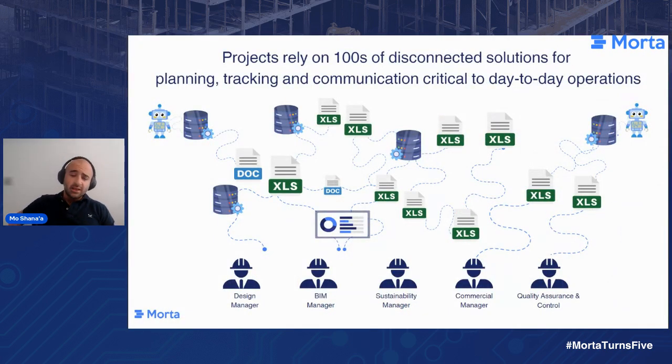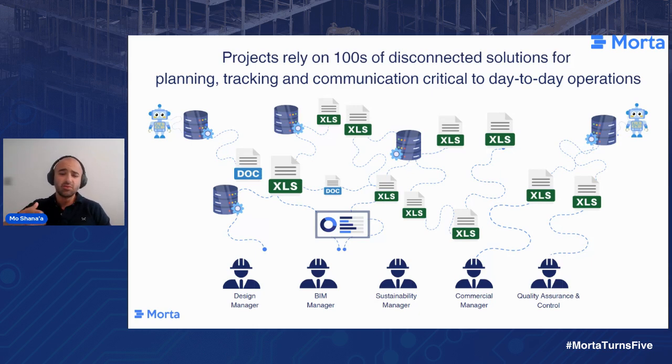So, as all of you know, really the way we see it is many of the processes we have today are planned, tracked, and communicated on Excel and in Word documents, which are ultimately manually collated by pulling data together from different systems like Aconex or Viewpoint or Autodesk Construction Cloud.